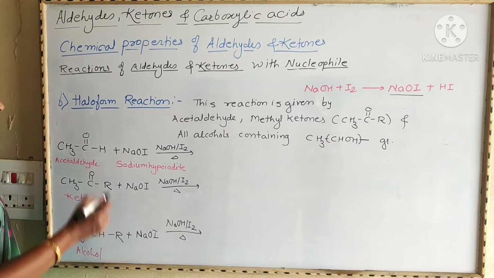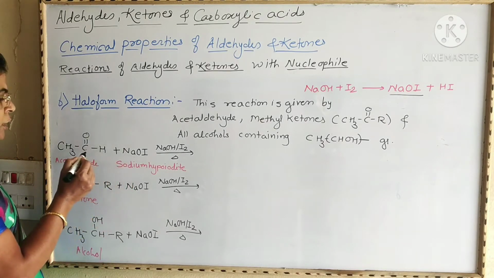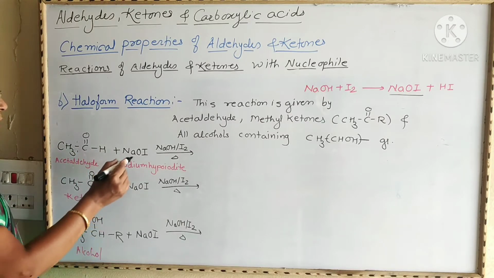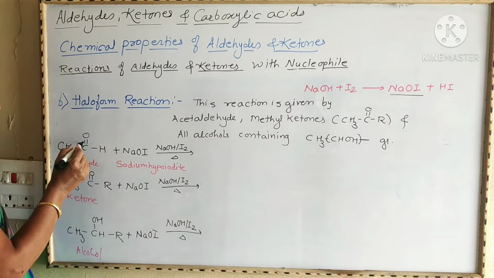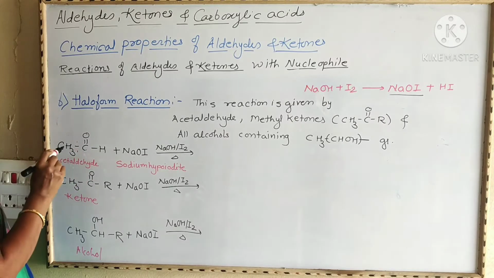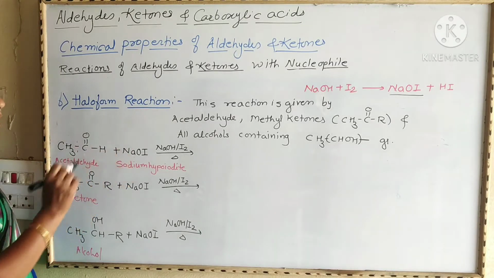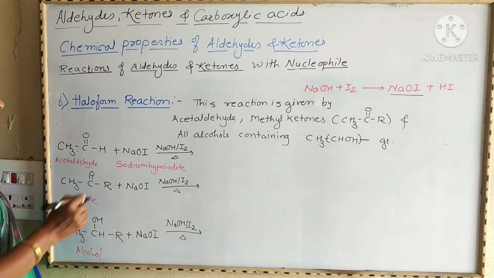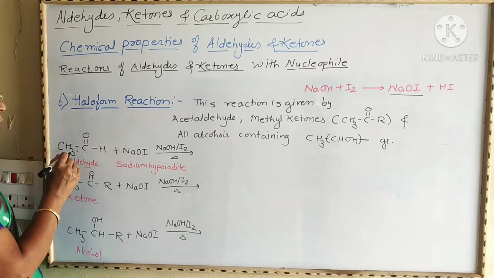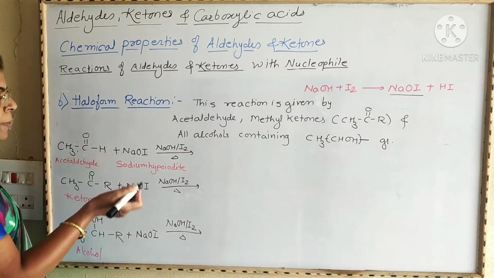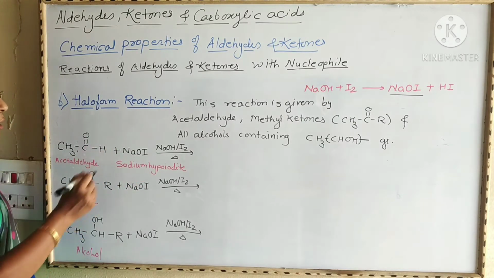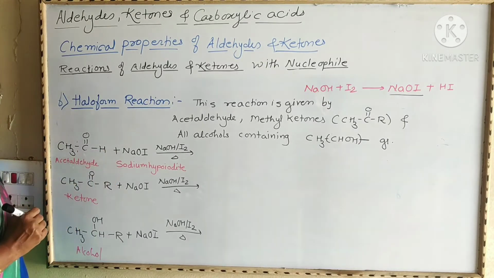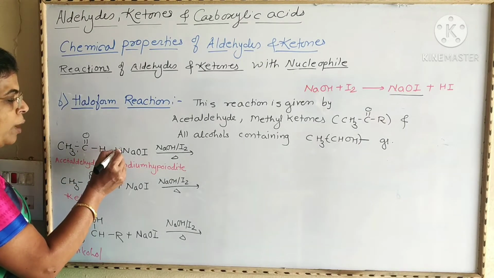Look here. First this bond breaks and this NaO gets attached to this carbonyl carbon, and all the hydrogen atoms present in the methyl group are replaced by iodine atoms. Now here 3 hydrogen atoms from this methyl group are replaced by 3 iodine. Therefore we have to use here 3 molecules of sodium hypoiodide.